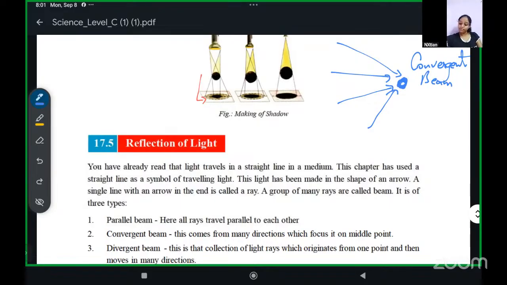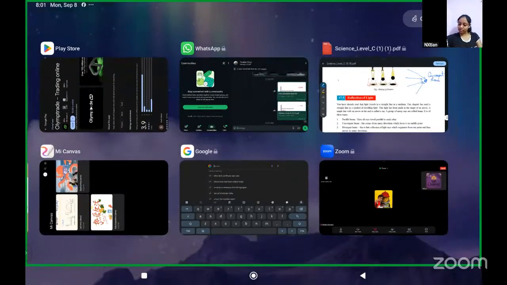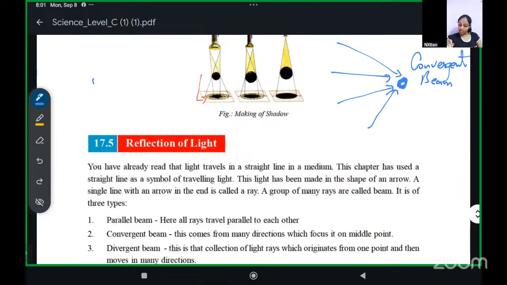And when the rays go from one particular point in different directions, it is known as a divergent beam, or divergent rays.